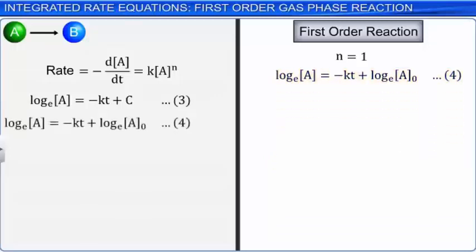On rearranging this equation, we get k is equal to 1 divided by t log concentration of A0 divided by concentration of A to the base e.